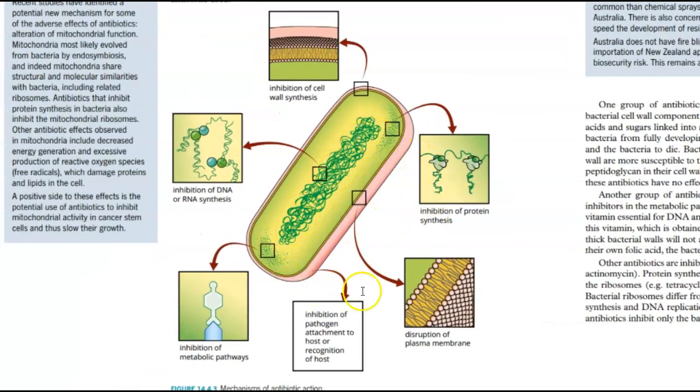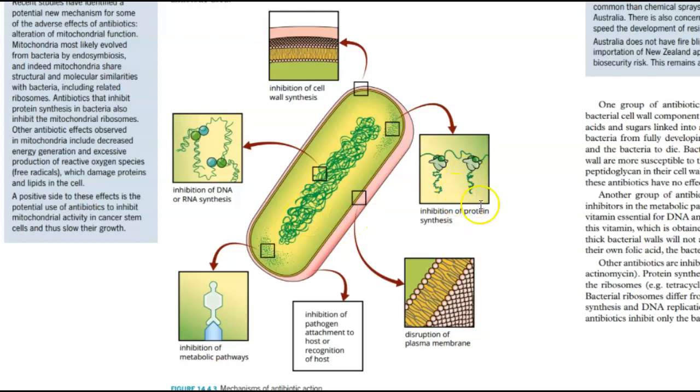So that is the effectiveness of antibiotics and what they actually do to a bacterial cell to prevent them proliferating in the body. So things like inhibition of cell wall synthesis, weakening the bacteria's structure, disruption of the plasma membrane, inhibition of metabolic pathways means that it's blocking the chemical reactions that would normally be happening inside the bacteria, allowing it to grow and live.